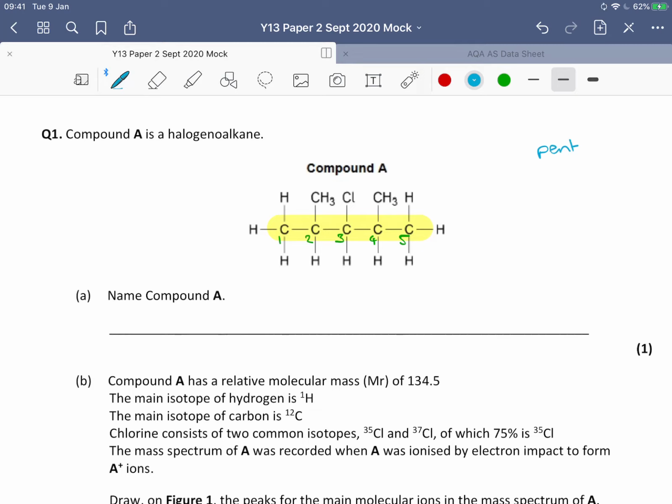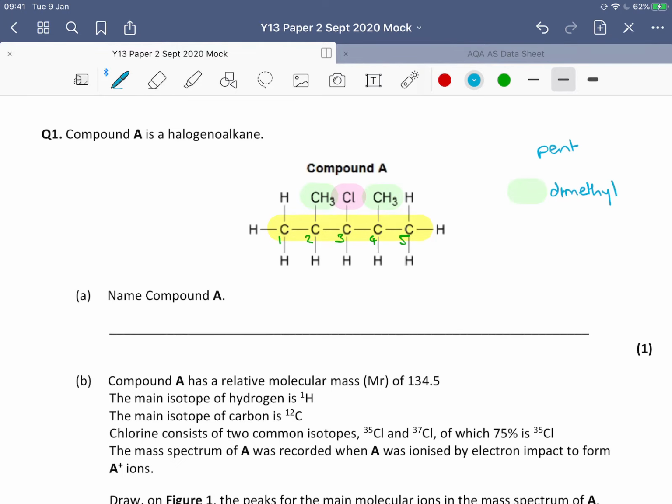And then the next thing to look at are the substituents, so what things are joined on to that main carbon chain. If we look, we've got a methyl, and a second methyl, and the other thing that we've got is a chlorine. Now, the 2 methyls tell us that somewhere in the name of our compound, we're going to have dimethyl.